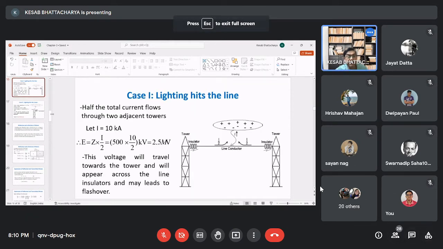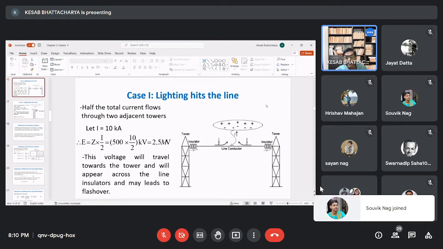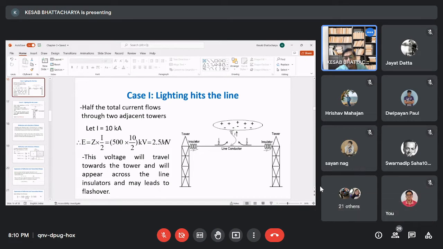Next is lightning hits the line. Suppose here we consider that a lightning strike of I kiloamperes hits the line conductor like this, and half the total current flows through the two adjacent towers, because lightning hitting the line conductor divides itself into two parts. So I by 2 will flow in either direction.